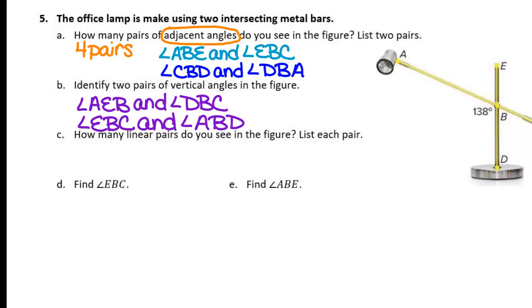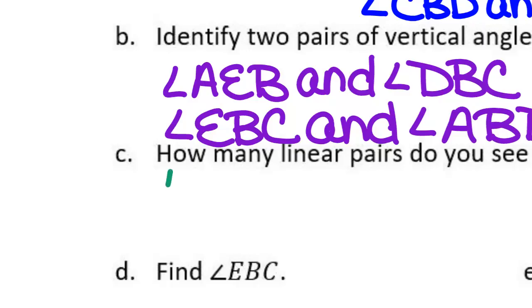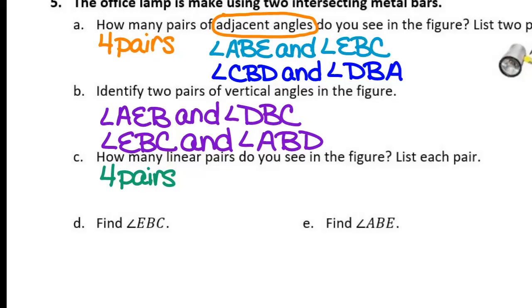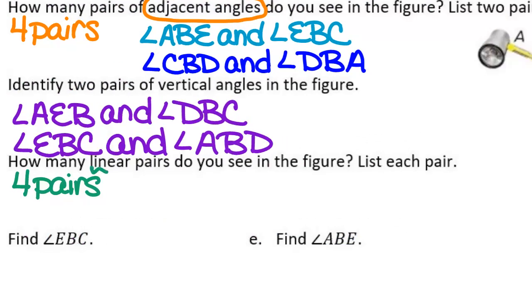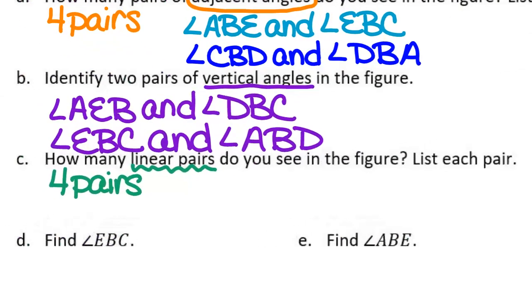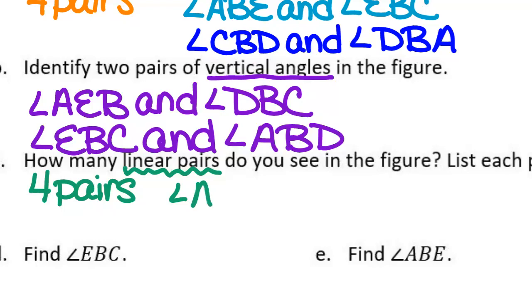How many pairs of adjacent angles did we say we saw? 4. So there are 4 pairs of linear pair angles. Let's go through and name those 4 pairs. I already have 2 of them from when we did our adjacent angles up here. So let's go ahead and recopy those. ABE and EBC.